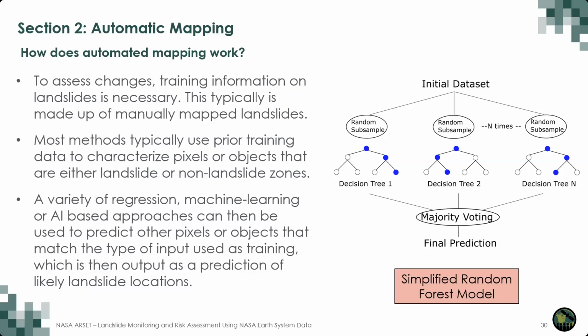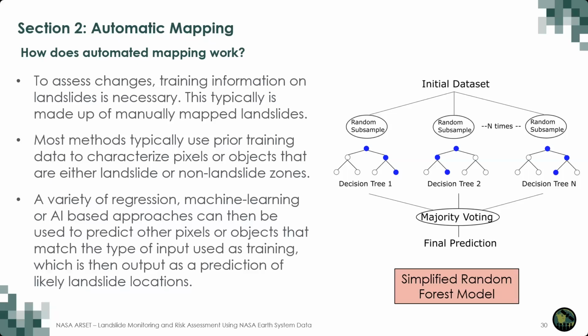Typically, we're going to try to characterize between landslide and non-landslide zones based on this training information. We have a wide variety, and we will not have time today to talk about all these different forms of analysis. But statistical regression, machine learning, or AI have widely been used recently. The output of all of these, however, is ultimately a prediction of likely landslide locations.